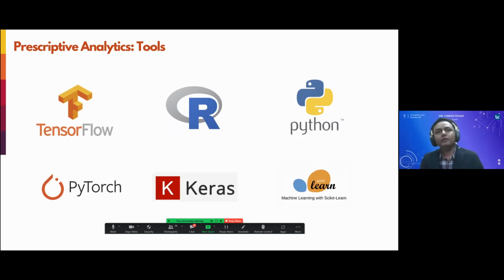We will look at these tools as well. Of course, the idea of showing these tools is not for you to go and learn them, but you should have an idea of what the components and elements of building AI and a machine learning algorithm are. People usually start with Python and R, and then they use relevant libraries such as scikit-learn, Keras and PyTorch.